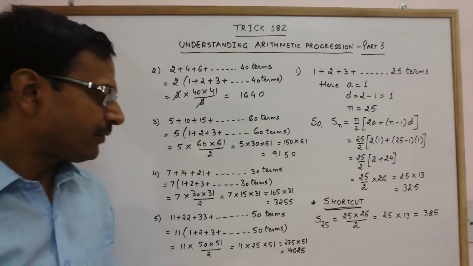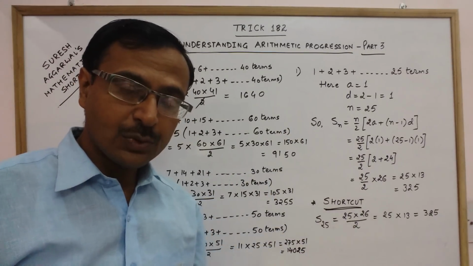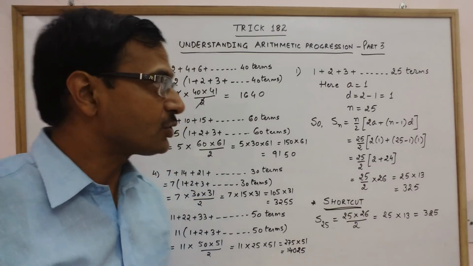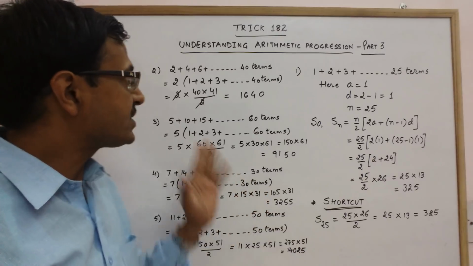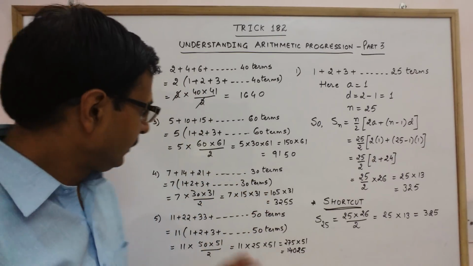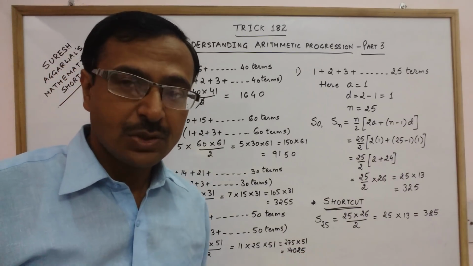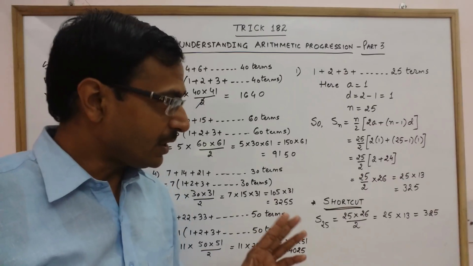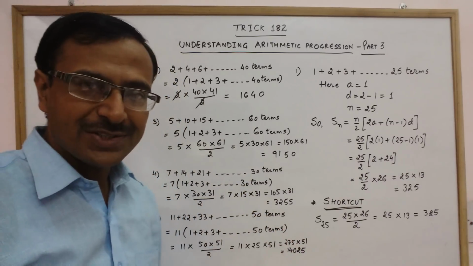So you see, the knowledge of this small shortcut will enable you to solve so many problems related to sum of first n natural numbers, sum of first n multiples of a particular number. And if you have knowledge of this concept, you can use it to find the solution to so many different problems of arithmetic progression.